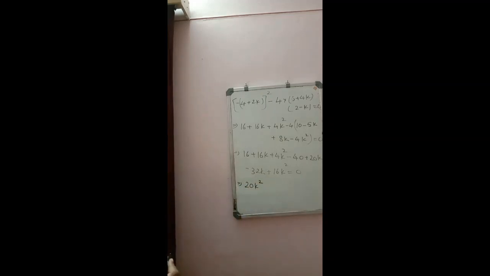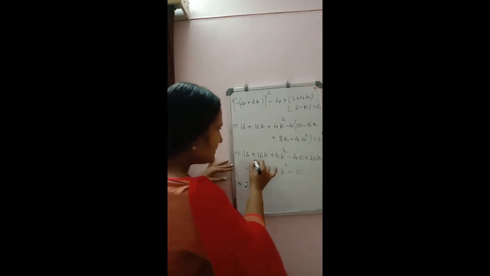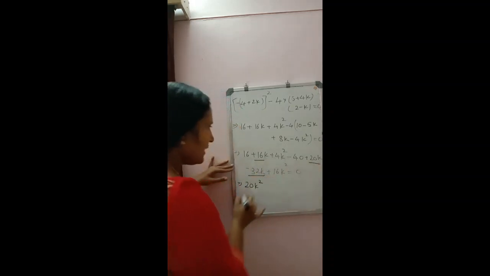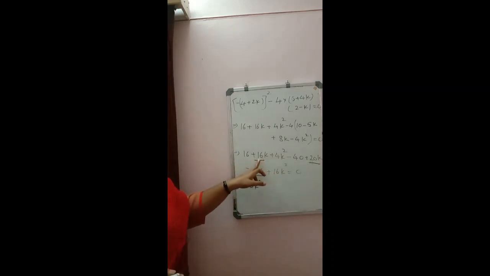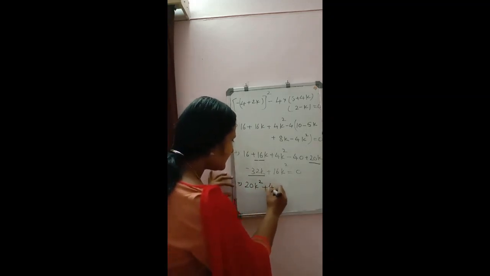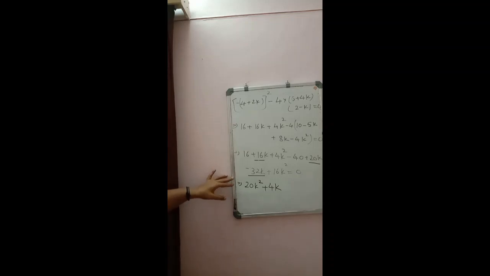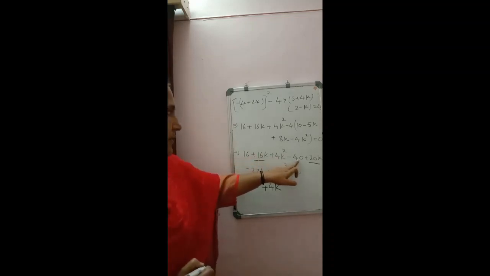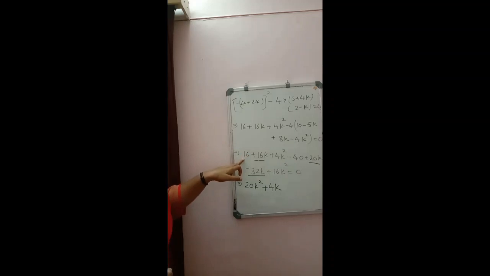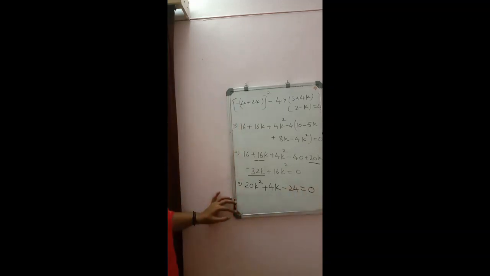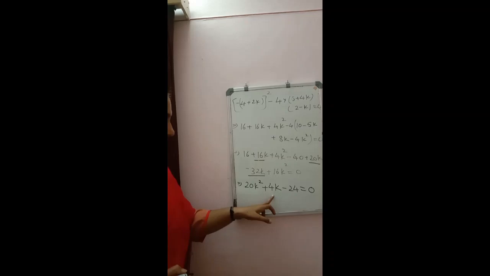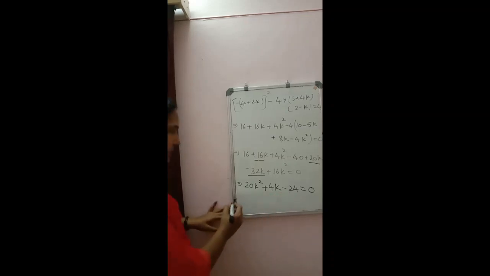Now we can check out the terms in which k is there. 16k, 20k and minus 32k. 16 plus 20, that will be equal to 36, and 36 minus 32k will be equal to plus 4k, and then remaining is 16 minus 40 minus 10. So 40 minus 10 will be equal to 30, 30 minus 6 will be equal to 24. So we are getting 20k square plus 4k minus 24 is equal to 0.